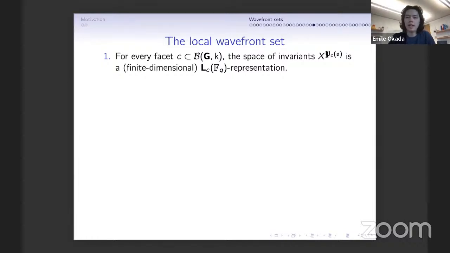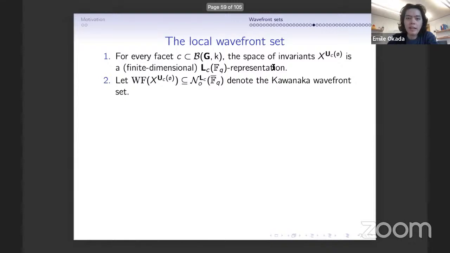And this gives you a finite dimensional representation of the reductive quotient. And like I mentioned, there's a notion of a wavefront set for reductive groups over a finite field. It's also known as the canonical wavefront set because Kawanaka was the first person who defined it in this setting.